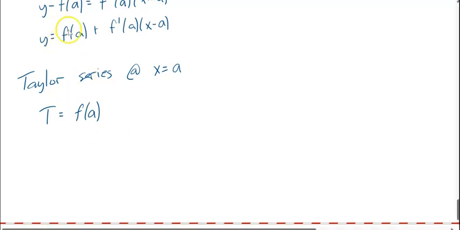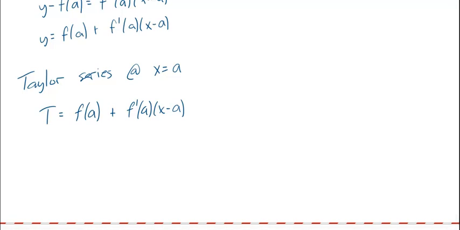Notice that's the same as what we have right there, plus f prime of a times x minus a. Again, this right here so far is exactly the same as a tangent line. What a Taylor series does, instead of using just the value and the derivative, so the f and the f prime, is also use f double prime and f triple prime and so on and so forth.